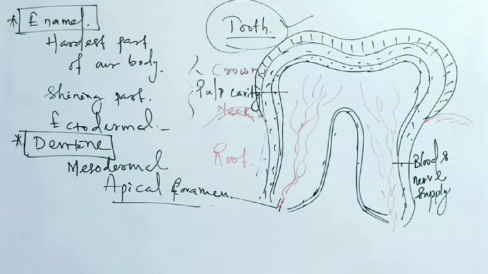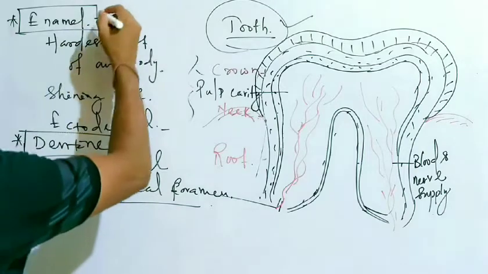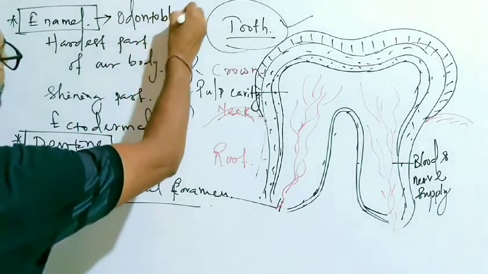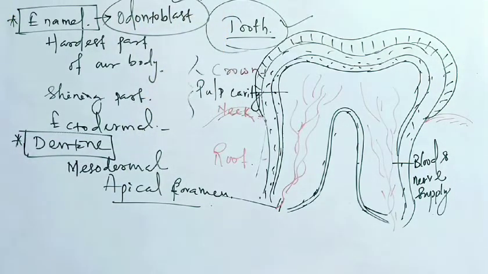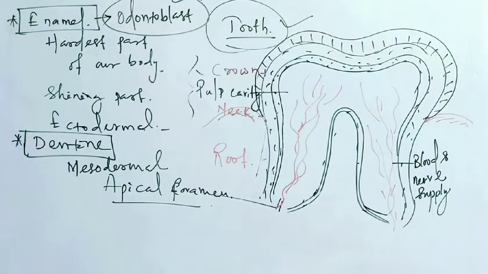Another term, odontoblast. This is related with enamel. Odontoblast. These are the cells that help in the formation of the enamel. So odontoblast are the cells that form the enamel, the strongest part.